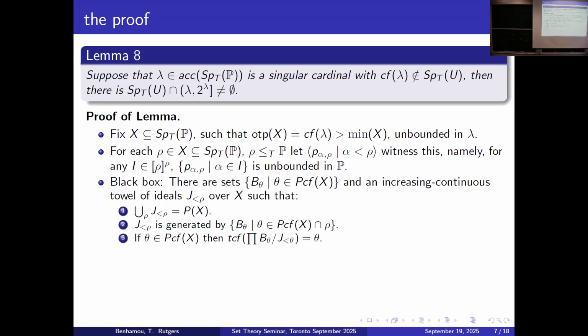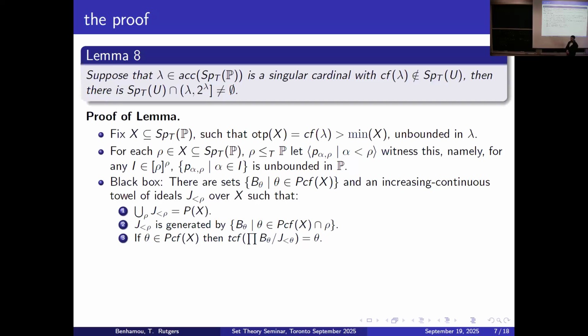And if theta is in the PCF of X, then the TCF, I'll tell you what it means in a moment, of the product of B modulo J less than theta equals theta. So if theta is in the PCF of X, this means that there is an ultrafilter on X such that the cofinality of the product of X modulo that ultrafilter is theta. What this means is that it can actually be realized by taking the product of that particular set modulo not an ultrafilter, but an ideal.